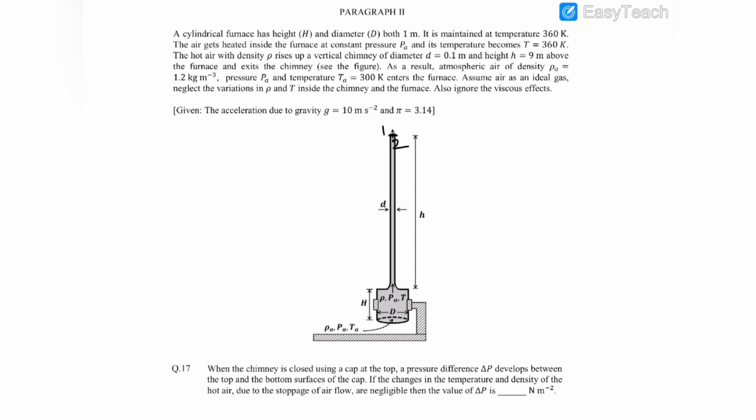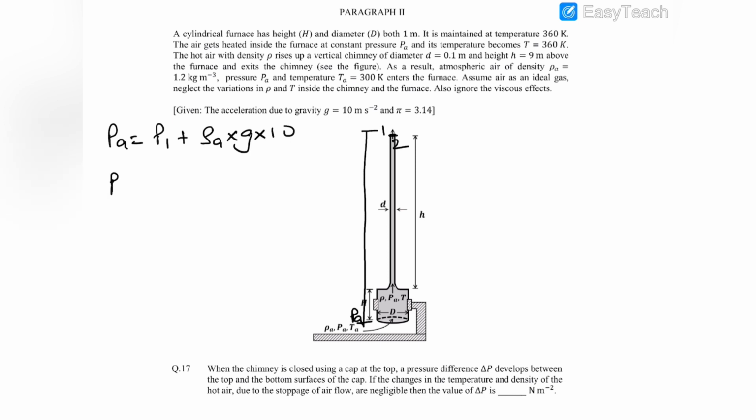So let us first of all find out this pressure difference. So let us first of all see that here it is open and here pressure is PA. So the pressure PA will be equal to P1 plus rho A into G into 10, because outside air has a density of rho A.